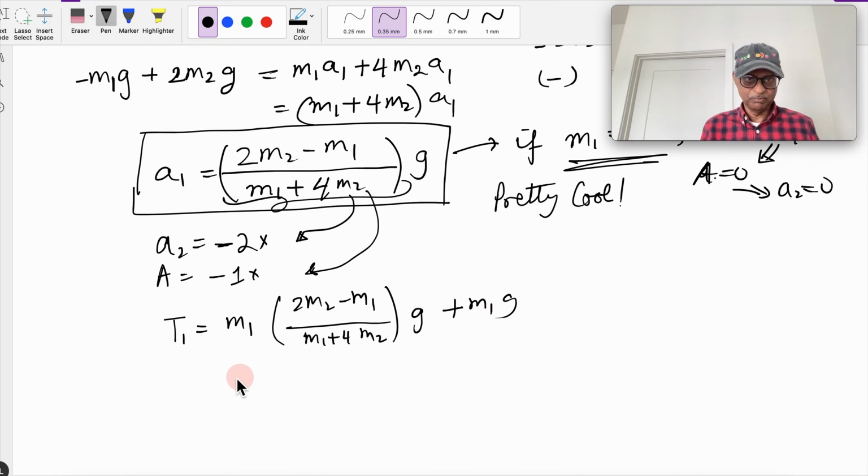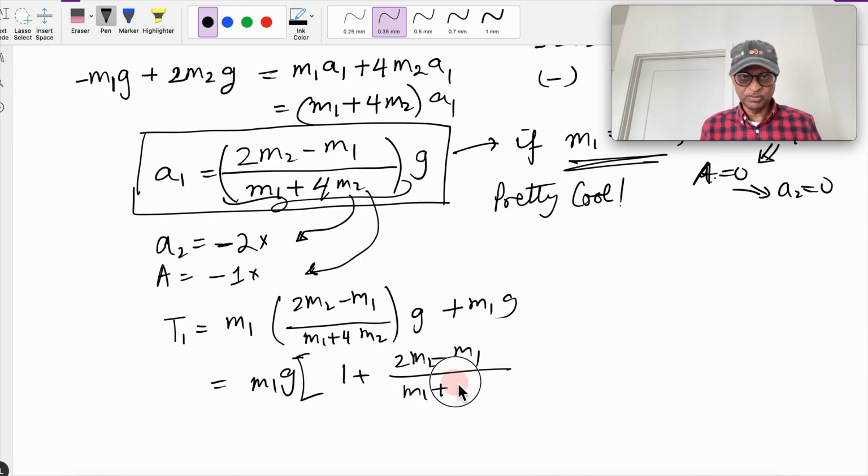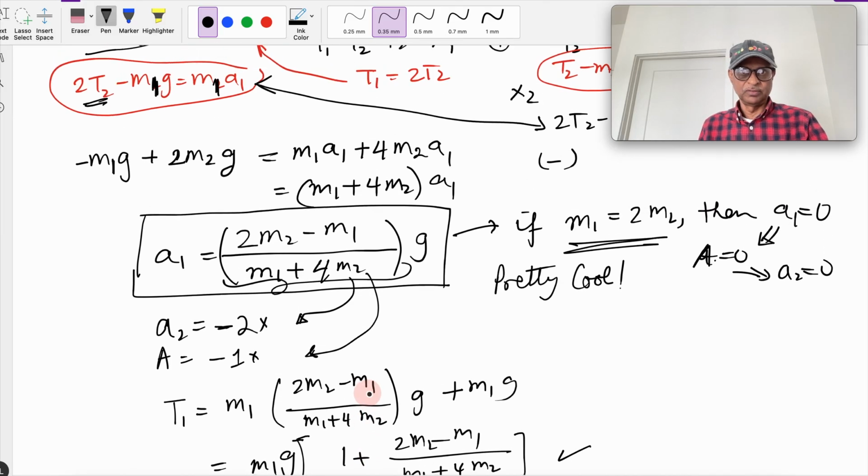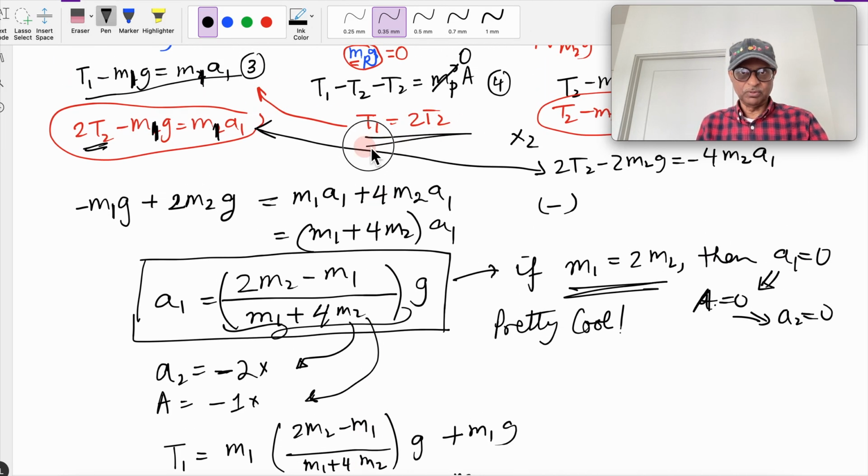So if you do this out, M1g is common, so 1 plus 2M2 minus M1 over M1 plus 4M2. And so you can simplify it, and T2 will be half of T1.